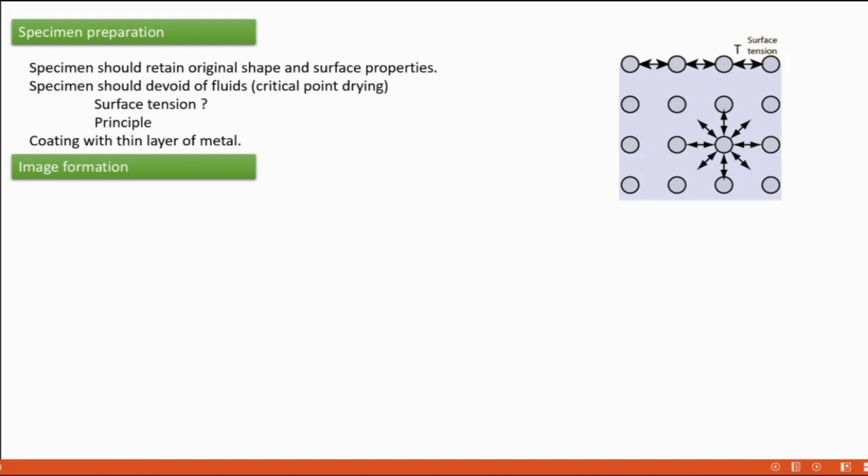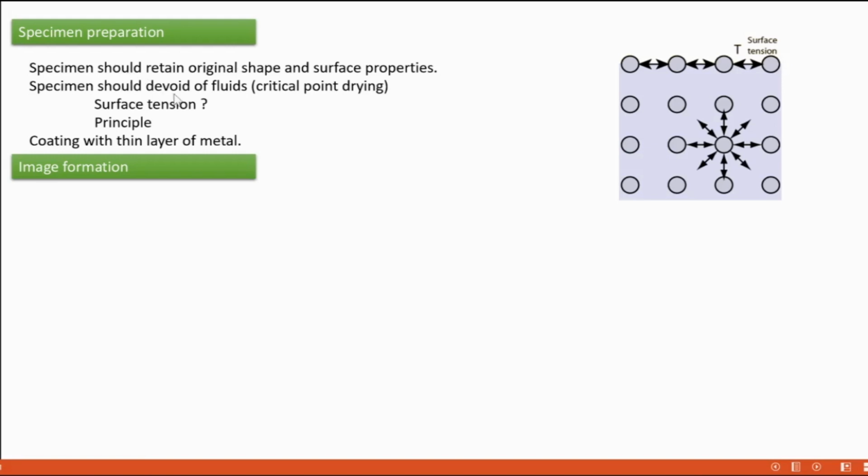Next is about the specimen preparation for SEM. For preparing a specimen for SEM also, we need to give attention to some points. We should retain the original shape and surface properties of the specimen. We should not alter its original shape or surface properties.